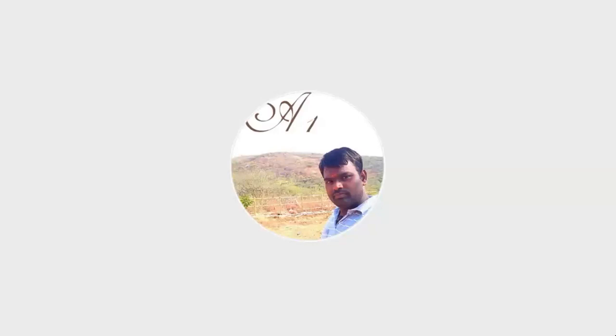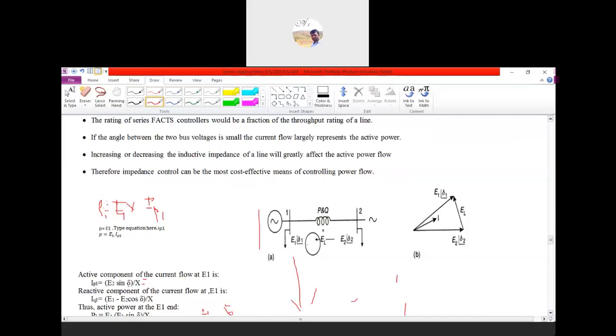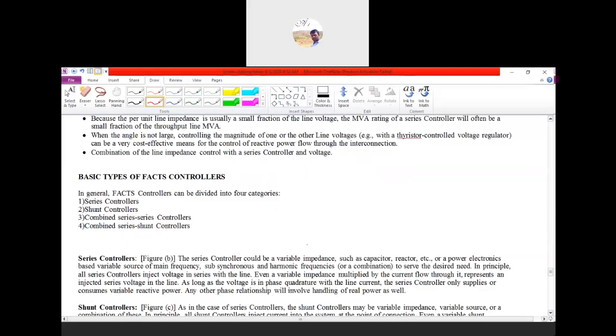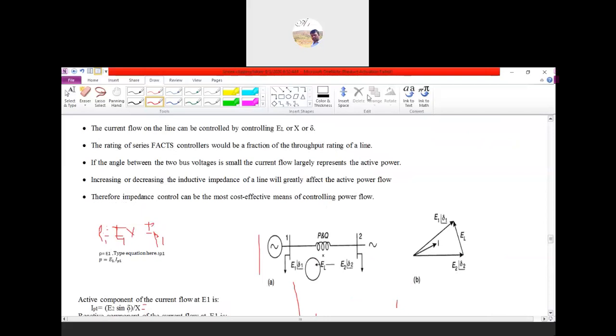Here it is E1. Say the active current is flowing in this line also, and the reactive power we are considering has a 90 degrees phase shift with the active power.